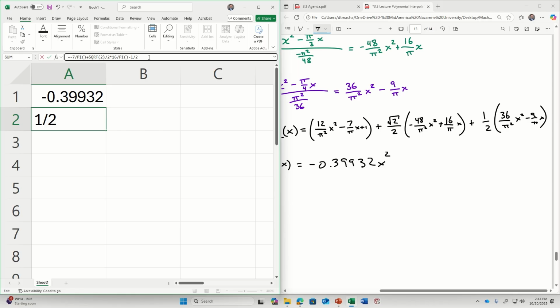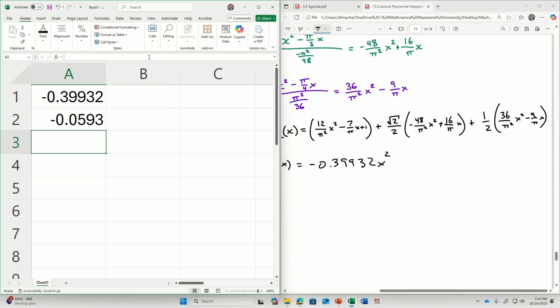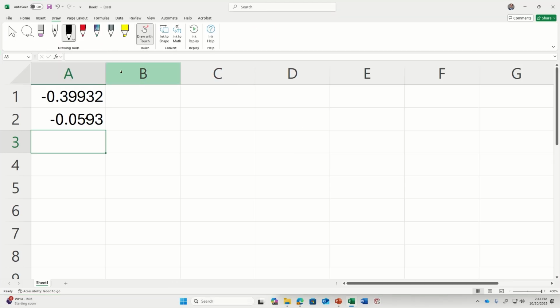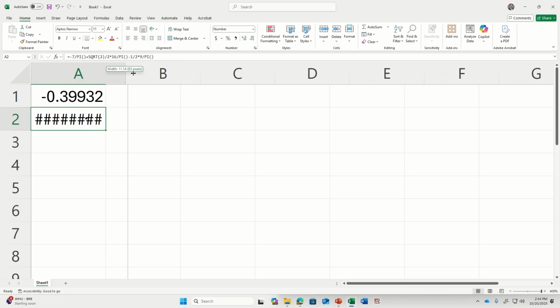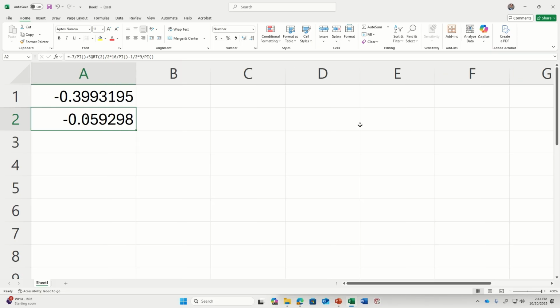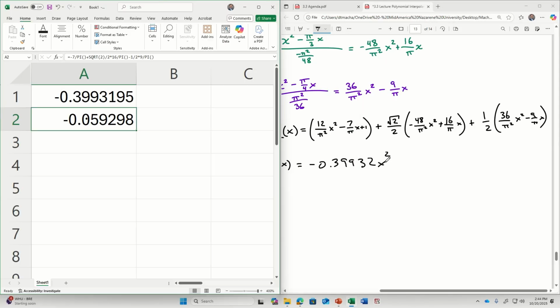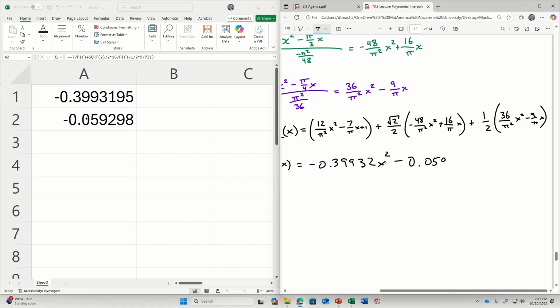Minus 1/2 times 9 divided by pi. So I need more significant figures than that. Give me 5 sig figs here. There we go. Let's do minus 0.059298x. And then for my constant, plus 1.